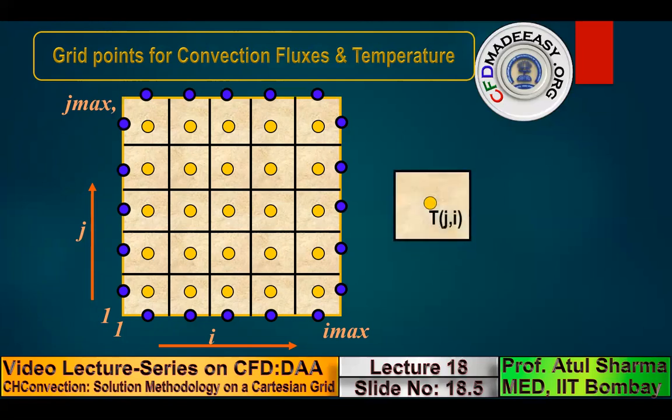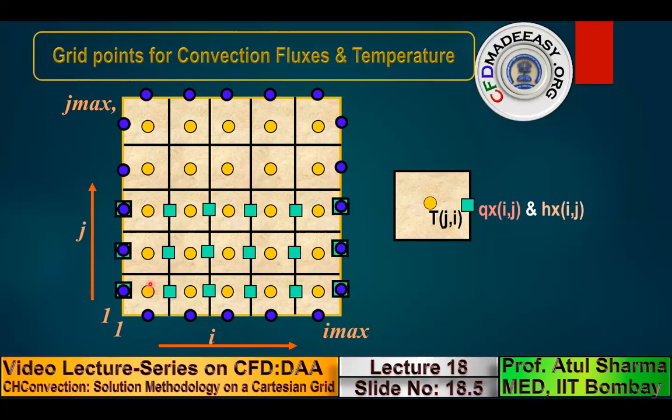So this is a grid point for temperature, and this grid point was earlier shown for conduction heat fluxes in the earlier topic. However, for convection in this topic, along with conduction flux, we also encounter enthalpy flux. So note that this is a grid point for Qx as well as Hx. The yellow circle is the grid point for temperature. The green square is the grid point not only for Qx but also for Hx.